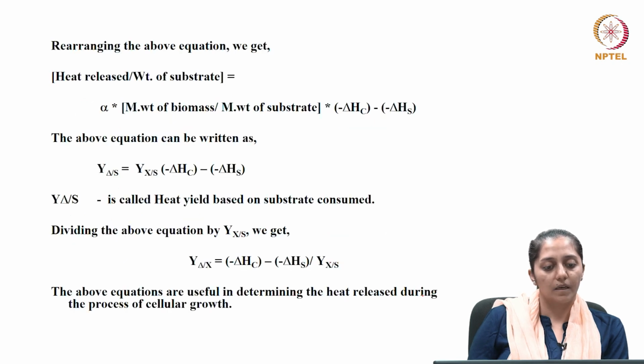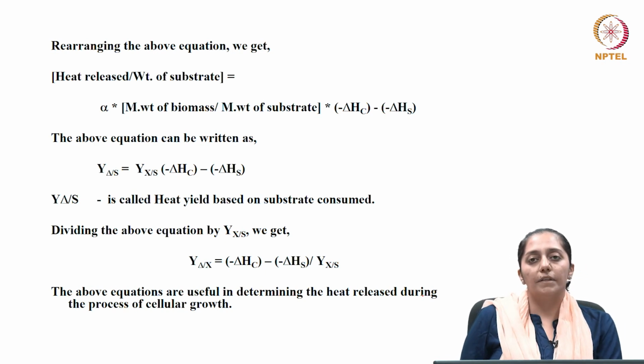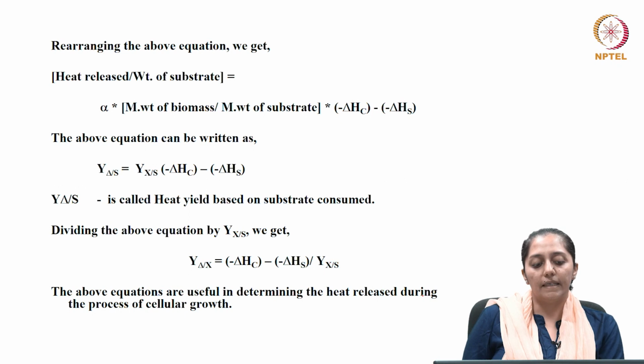Now, if we want to find this heat released with respect to the unit biomass, then we will divide it by the total amount of the... or, suppose we need to find the yield coefficient, which means the amount of heat released per unit substrate consumed.